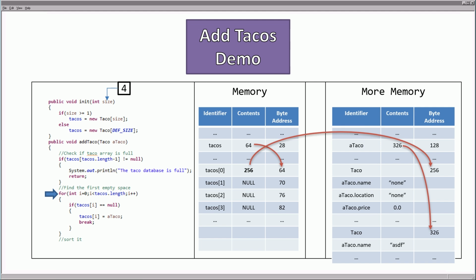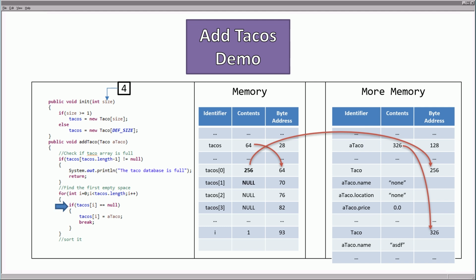Now, going into the for loop, we first declare and initialize the index i to 0. From there, if tacos at index 0 is equal to null, well, 256 is not null. This object exists. So then we have to move on and update i to 1.